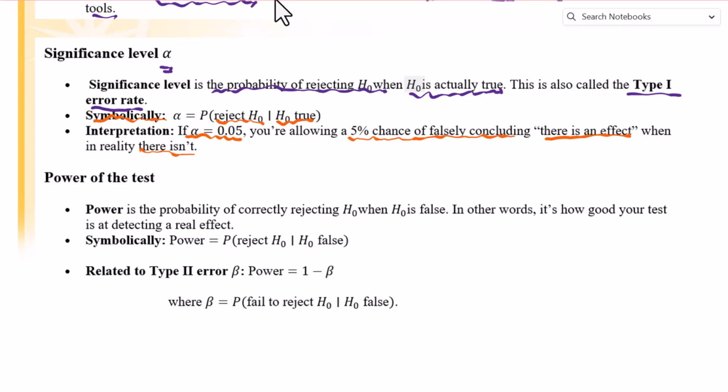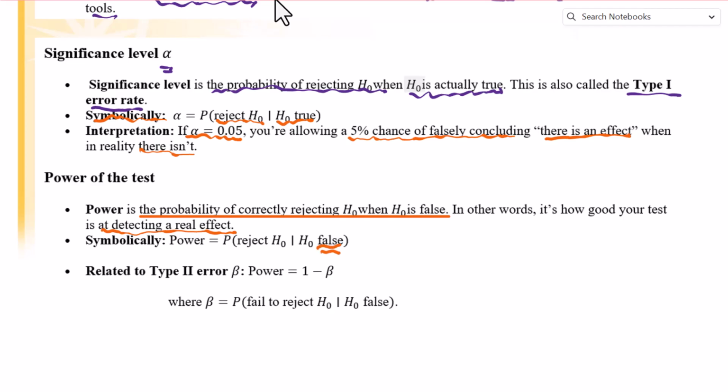Power of the test is the probability of correctly rejecting H0 when H0 is false. In other words, it's how good your test is at detecting a real effect. Symbolically, power equals P of rejecting H0 given that H0 is false.